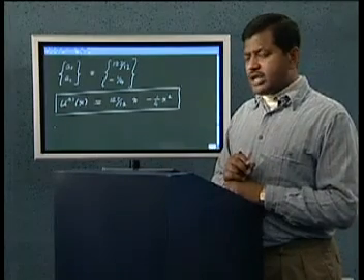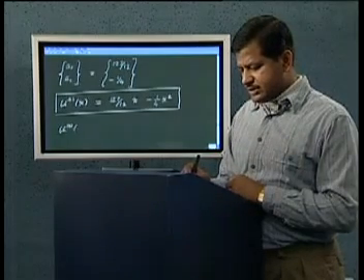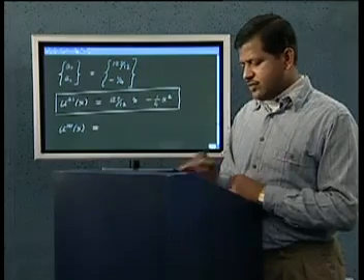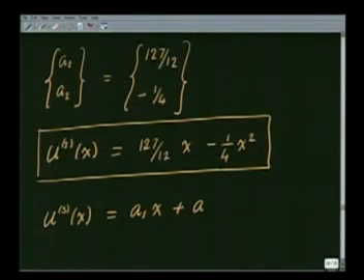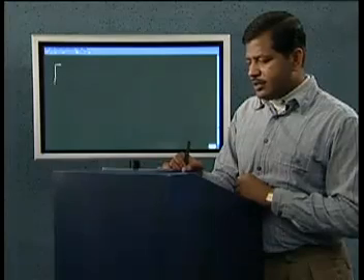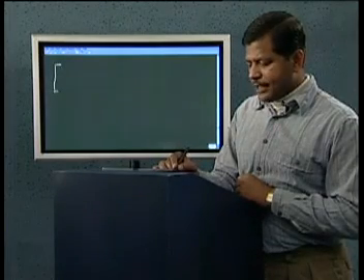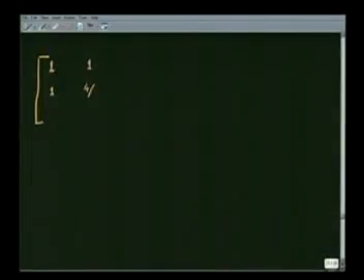Similarly, if I now take three terms, that is, I would like to have u3 of x equal to a1 x plus a2 x squared plus a3 x cubed. And again we go through the same exercise. We will get the matrix k as 1, 1, 1, 4 by 3, 1, 6 by 4, 9 by 5.